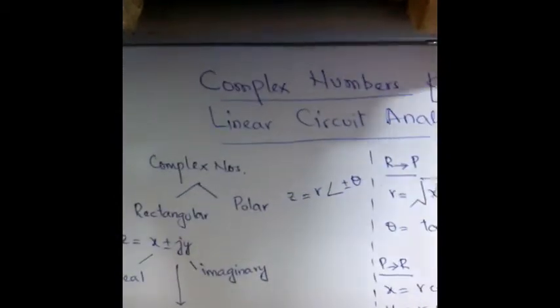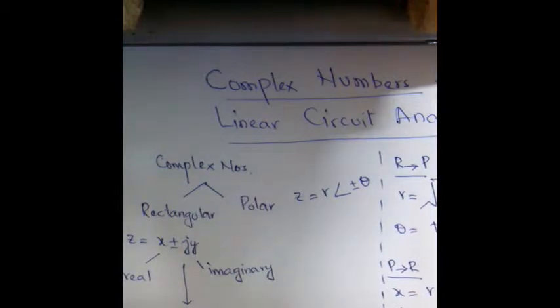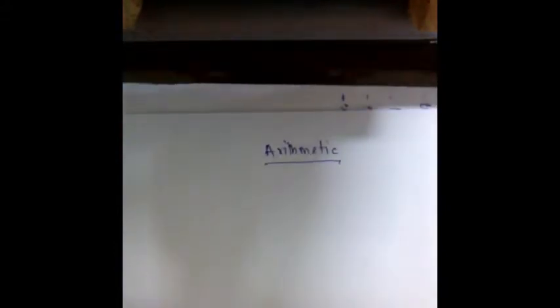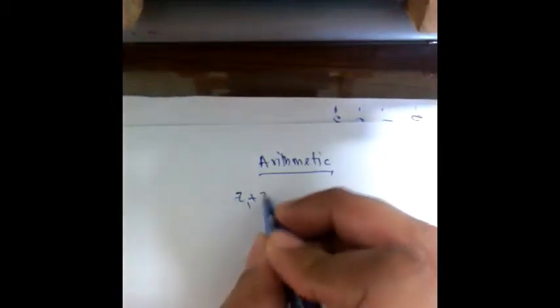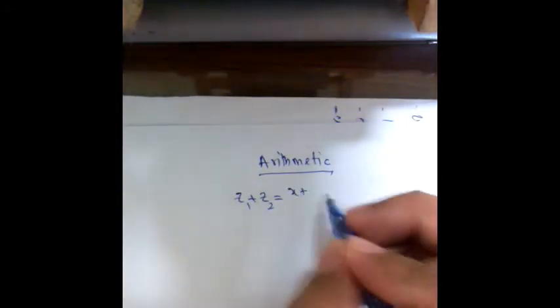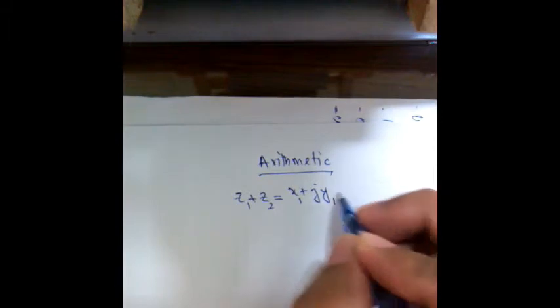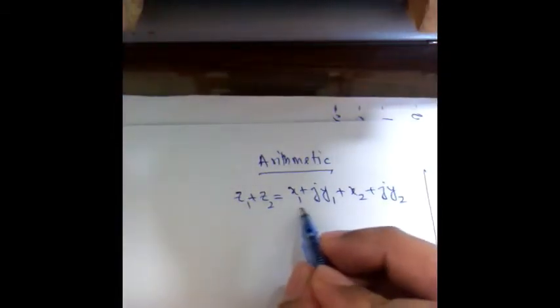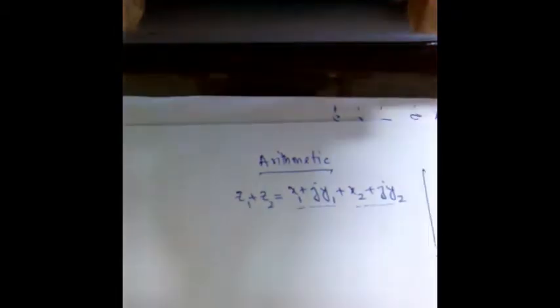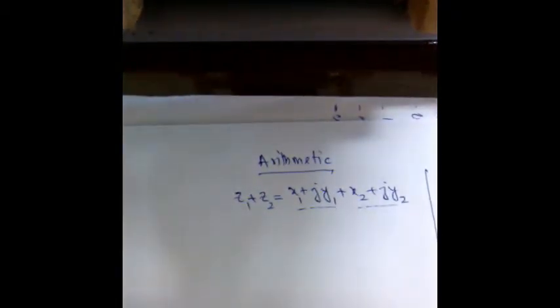In order to have simple arithmetic with the complex numbers, we can write the sum of two complex numbers c1 plus c2 as x1 plus jy1 plus x2 plus jy2, where x1 plus jy1 is c1 and x2 plus jy2 is complex number c2, both in their rectangular form.